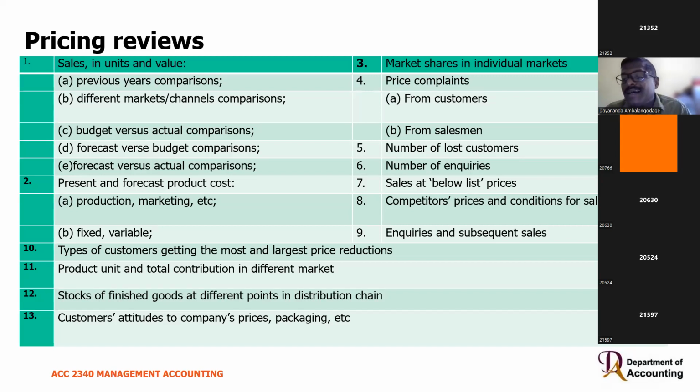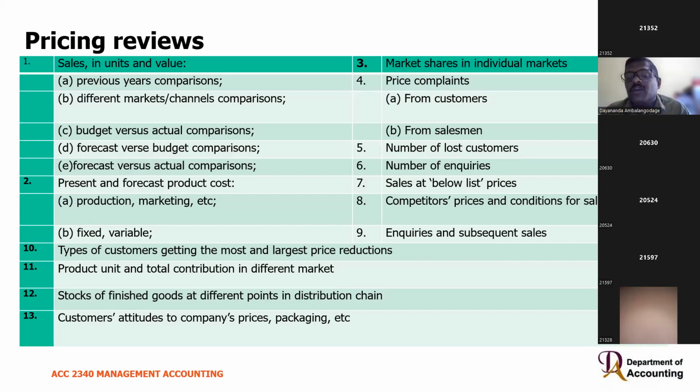Price complaints from customers, whether formal or informal. Price complaints from salespersons, sales representatives. Number of lost customers, you may have a record. Number of inquiries, very good. So you may keep a record of the number of inquiries and compare it with the number of sales invoices.